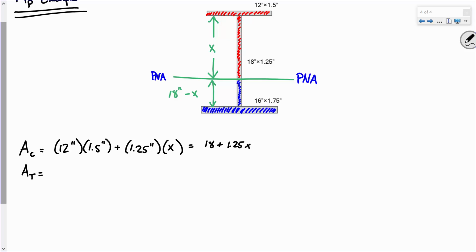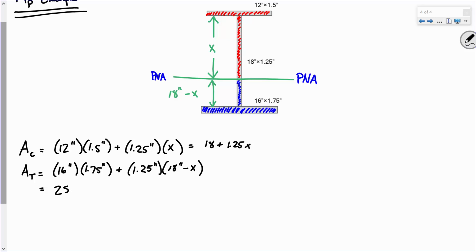Well, I propose it's 16 times 1.75, plus 1.25 times 18 minus x, right? What's 16 times 1.75? 28. So this is 28. Hold on.